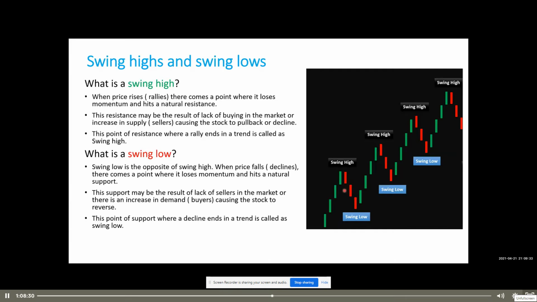Everyone that wanted to sell is already out, right? And there are going to be some buyers who are interested in buying the stock too. So at some point, the sentiment is going to shift. The demand is going to be greater than the supply in these key areas. And that's what we call the support area, right? This support may be the result of lack of sellers in the market, or an increase in demand causing the stock to reverse.